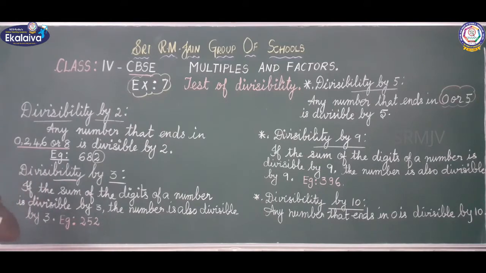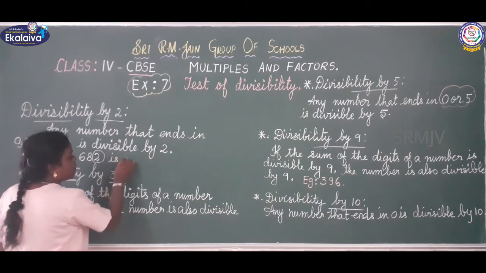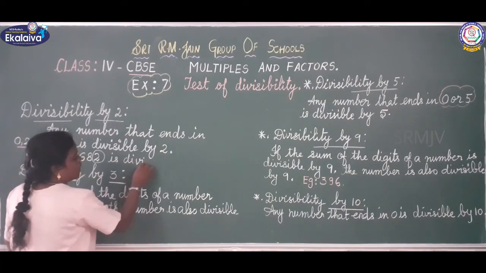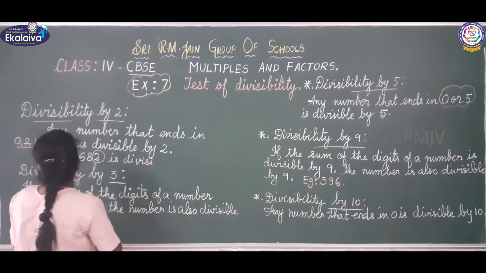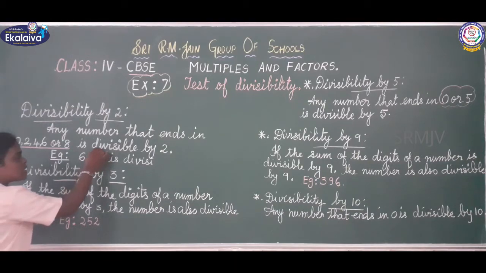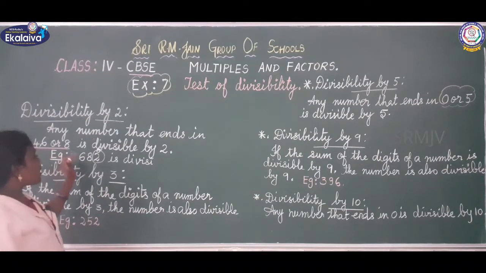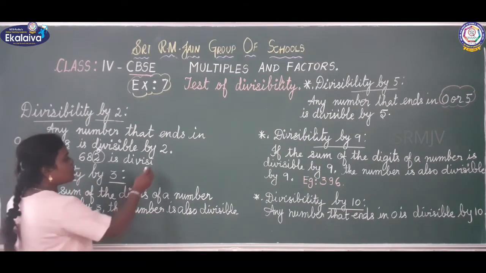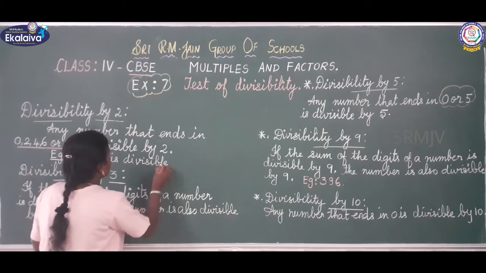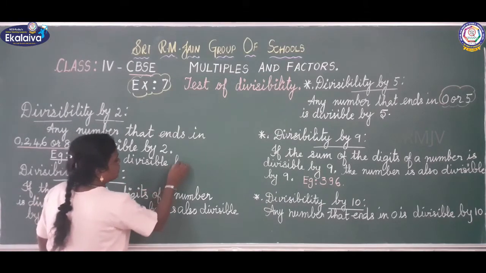It is one of the numbers given in the rule. So 682 is divisible by 2. If you have 0, 2, 4, 6 or 8 in ones place, it is divisible by 2. So here the example 682 ends with 2. So it is divisible by 2.